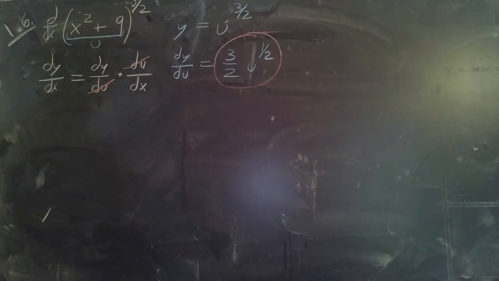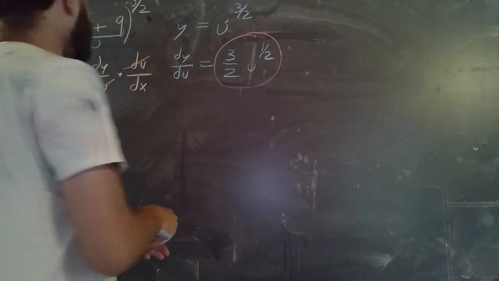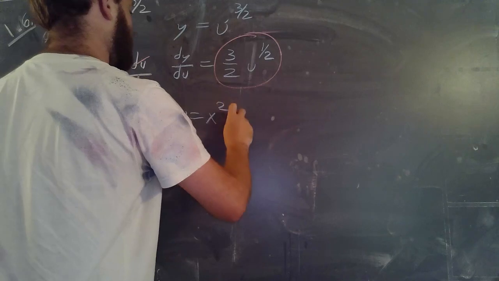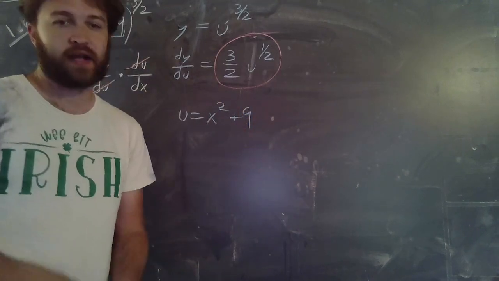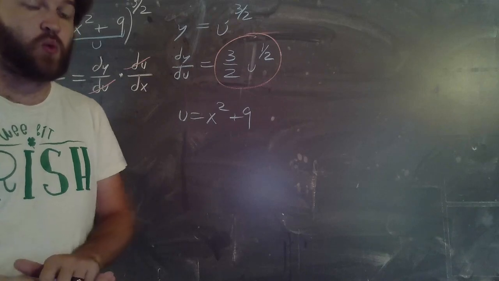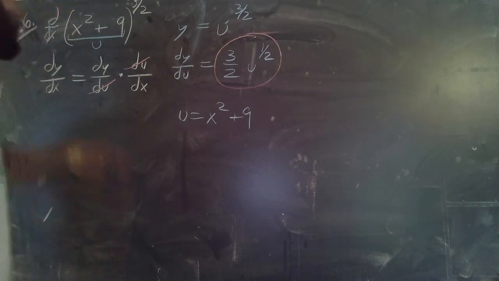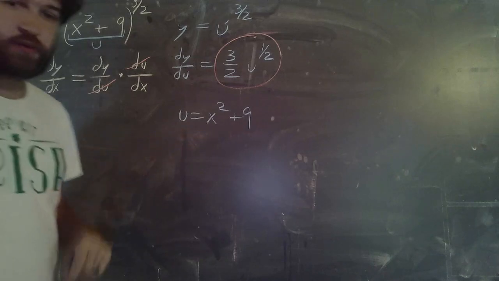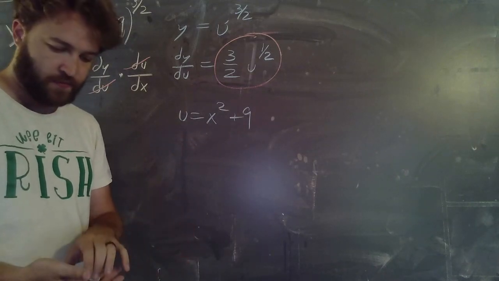But notice that u is basically just something that we've substituted. We've said that u is equal to x squared plus 9. It's basically the part that I covered up, and I said, I'm going to wish that this wasn't here. I'm going to wish it was something easier. So the wishful thinking part, whatever I covered up here, that's basically what we're setting our u equal to, okay?